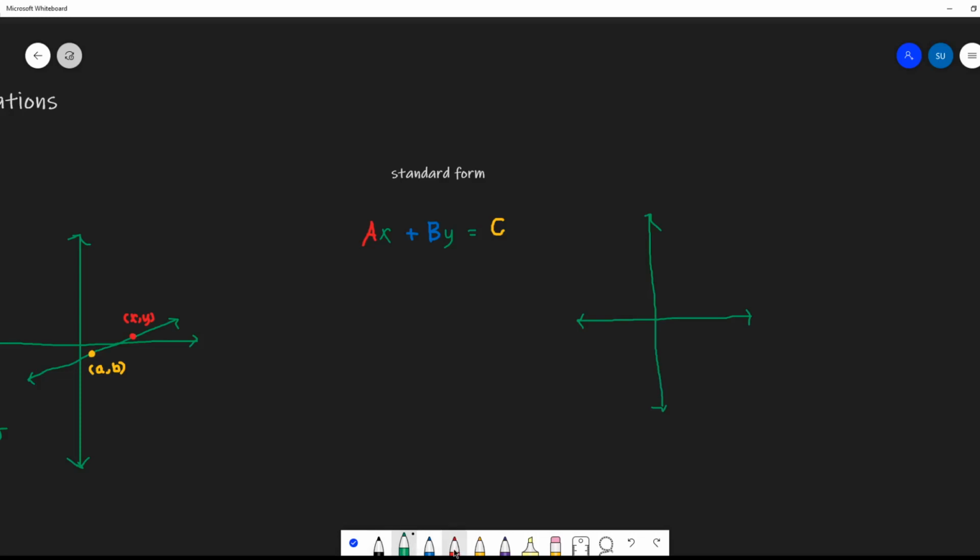And now what we're gonna do is put in values for a, b, and c. So we'll say our equation can be 9x plus 16y. Why not? And we'll say that is equal to, let's say 72.